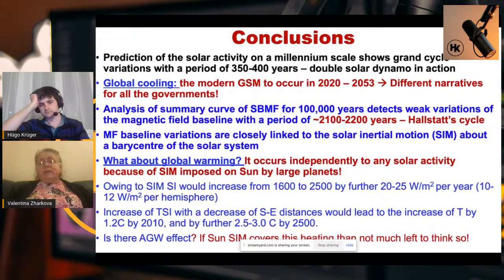It was the coldest temperature they ever recorded. So obviously it will be warmer for this cycle in the northern hemisphere, much colder in the southern. So this needs calculations. We started doing some, but haven't finished yet.